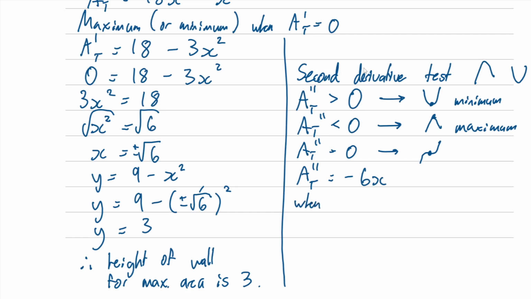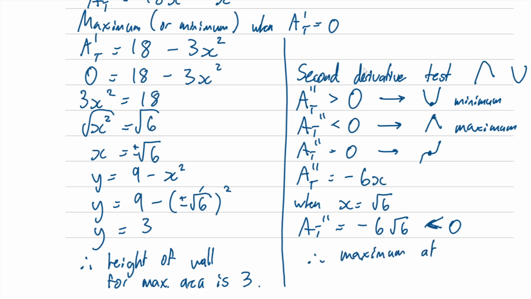And when x equals root 6, the second derivative would be minus 6 root 6, and that is a negative number. It's less than 0. Therefore, maximum at x equals square root of 6.